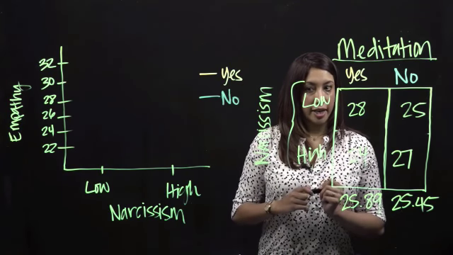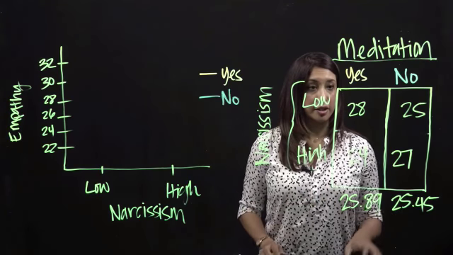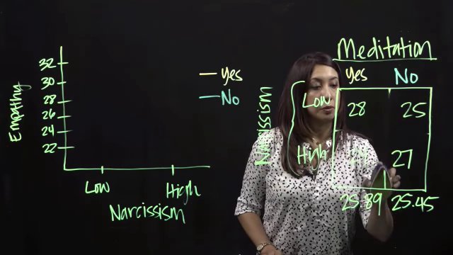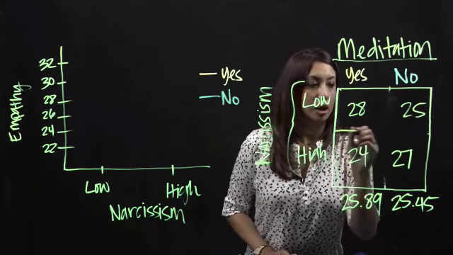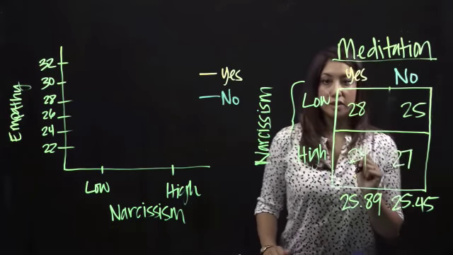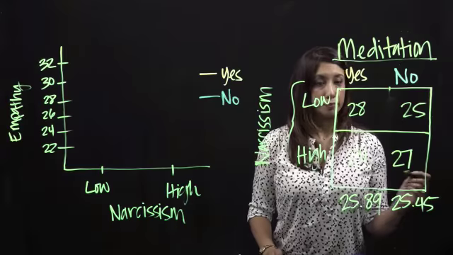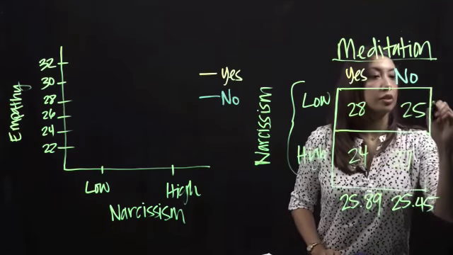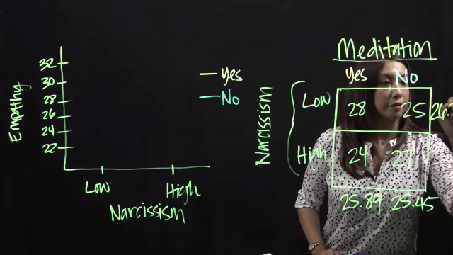But now if we look at the main effect of narcissism, what we want to do there is actually overlook people who meditated or not and focus on just whether they are high in narcissism or low in narcissism. So here, looking at the average for people who are low, we get 26.5.